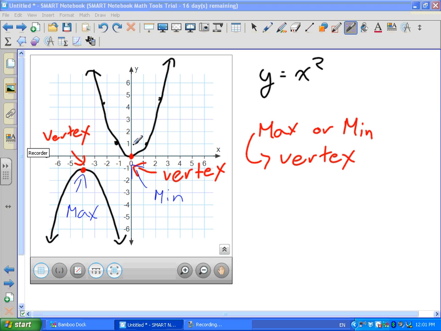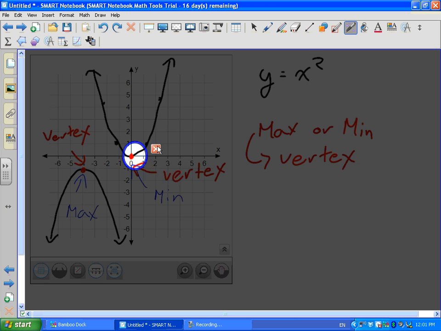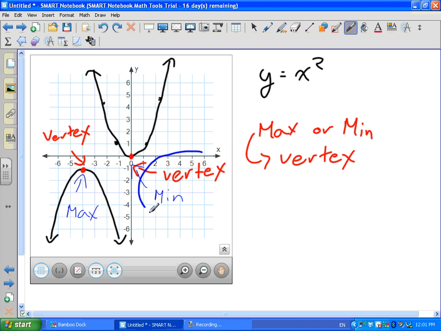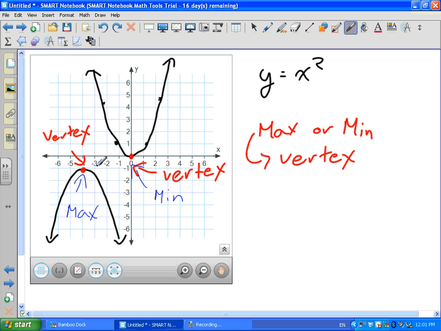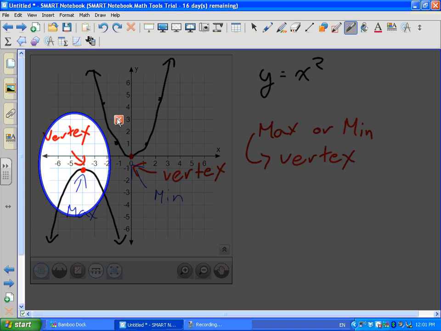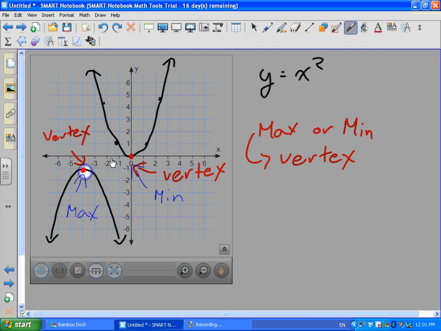So this is our minimum, because it's facing upwards, and that is exactly where the vertex is located. Now this parabola here is facing downwards. This parabola has a maximum, and that's where the vertex is going to be, right at this specific spot.